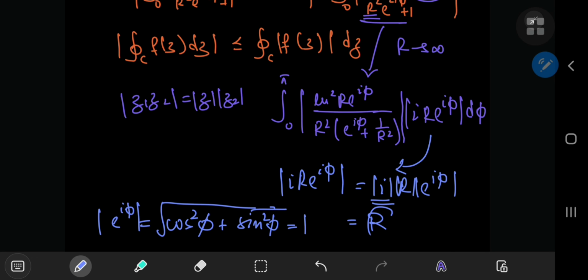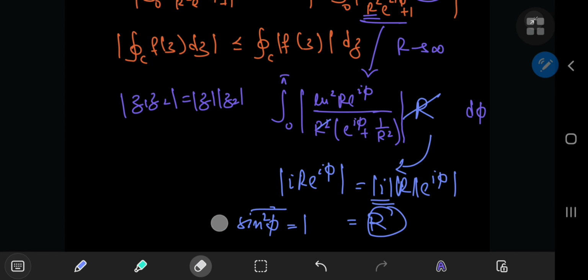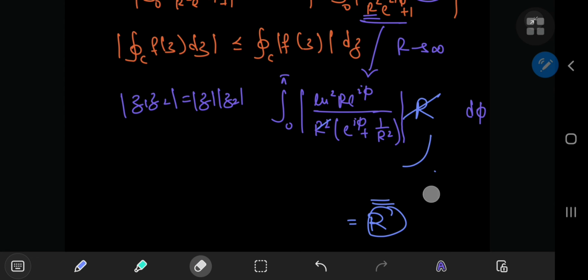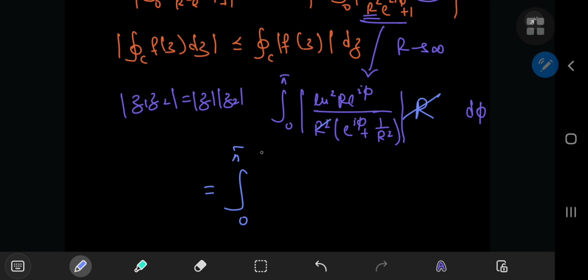So all of this just evaluates to r. So let's replace all of this and write it as r. And r cancels out with the r over here. And you're beginning to see some more light here. So this is extremely cool. So integral from 0 to pi, absolute value.